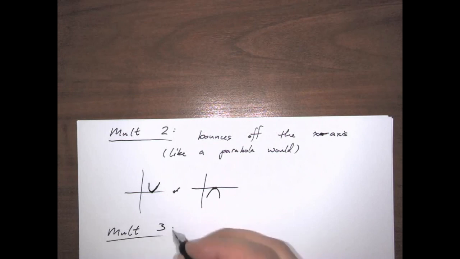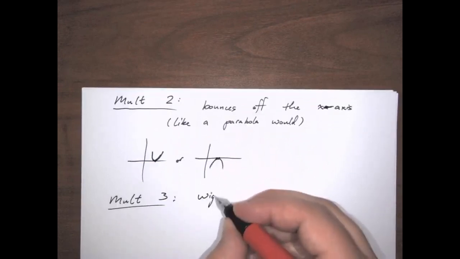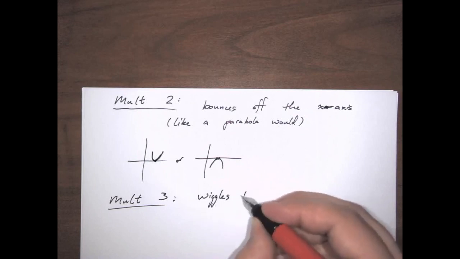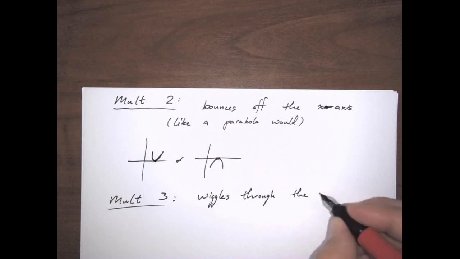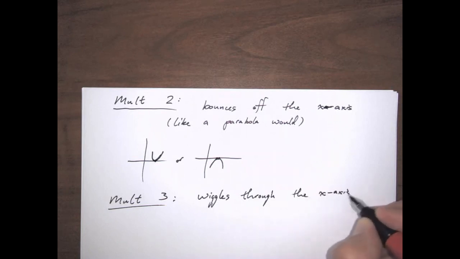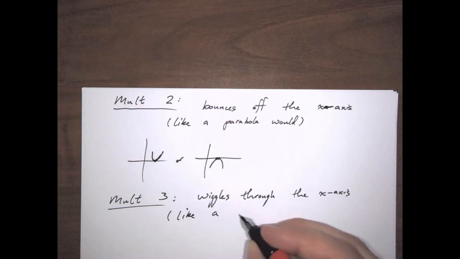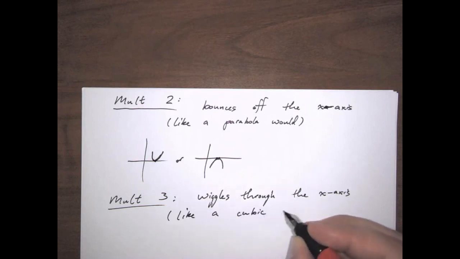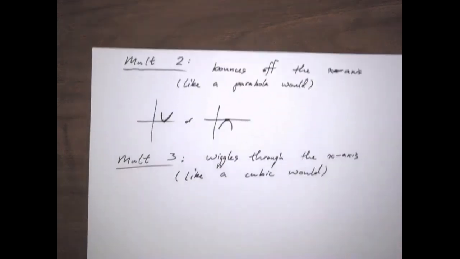Multiplicity 3. So here, what this one does is it wiggles through the x-axis, and that's like a cubic would. So like a cubic function, like x cubed.